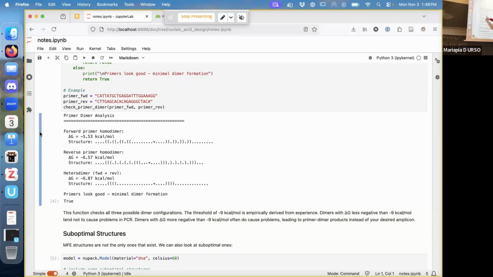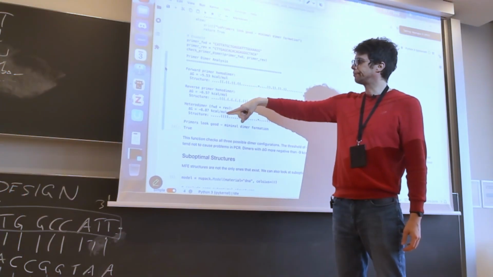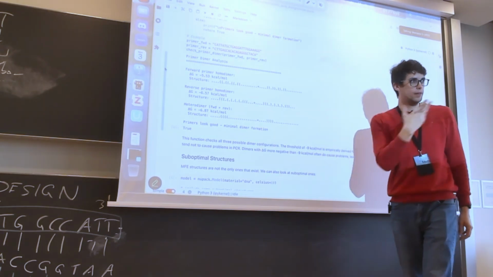That means that this is paired with this on the other copy, and so on. Some of them are not paired at all. The two reverse ones also have something, and the heterodimer, so forward and reverse, also stick together a bit. But here the important information is about these energies.